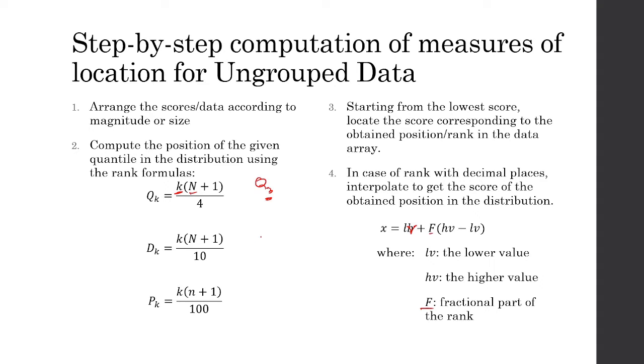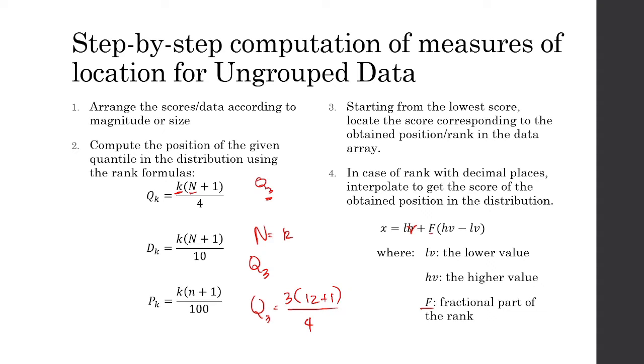this scenario wherein, for example, we have an n which is equal to 12. Then we need to get the third quartile. If we are to compute for the rank value of the third quartile, that will be 3 multiplied to 12 plus 1 divided by 4.